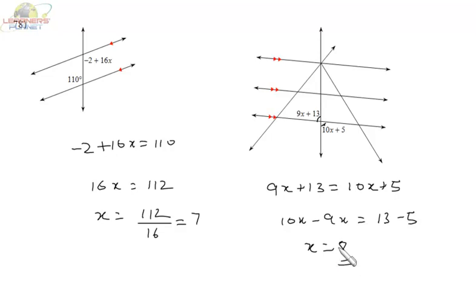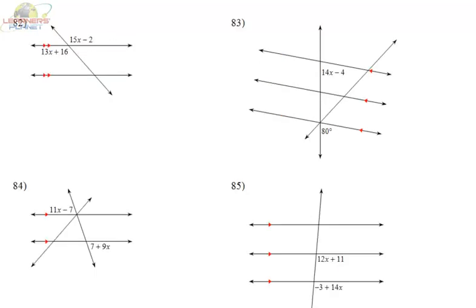Okay. Here we see both of them are vertically opposite angles, so both of them will be the same. Just write the equation. 15x minus 2 is 13x plus 16. So 15x minus 13x, that is 2x, is equal to 18 and x will be 9.